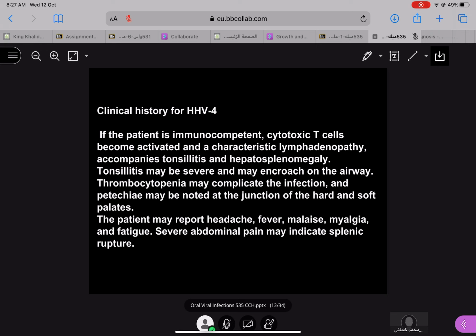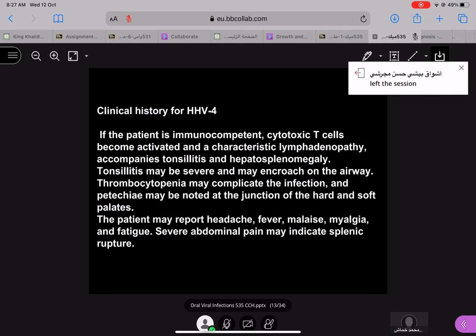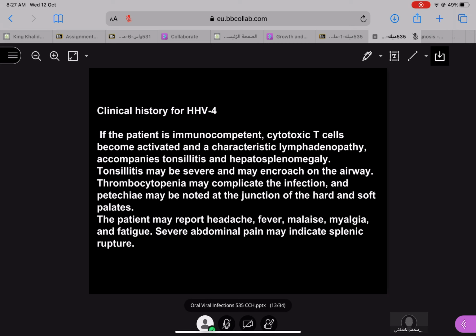Okay. If the patient is immunocompetent, that means the immune system is working really well and is adequate enough to fight against viruses and all types of pathogens, cytotoxic T cells become activated and characteristic lymphadenopathy accompanies tonsillitis and hepatosplenomegaly.